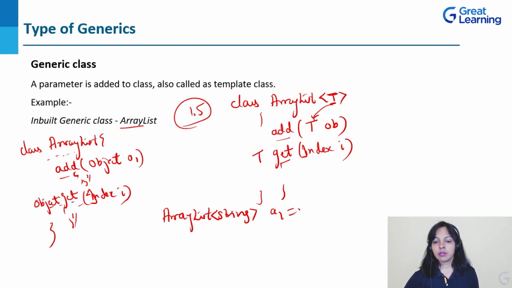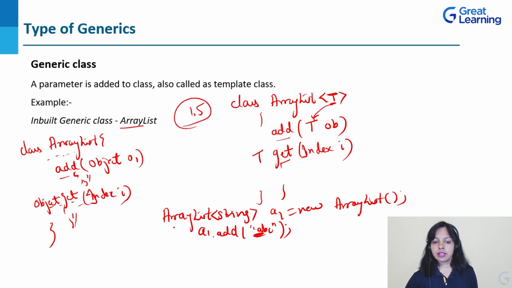A1 equals new ArrayList, and then closing. Now if I want to call A1.add, I can call it only for string type values, that is, a string type parameter. I should write here "ABC" in double quotes, that is, a string. Any other value here will throw an error.